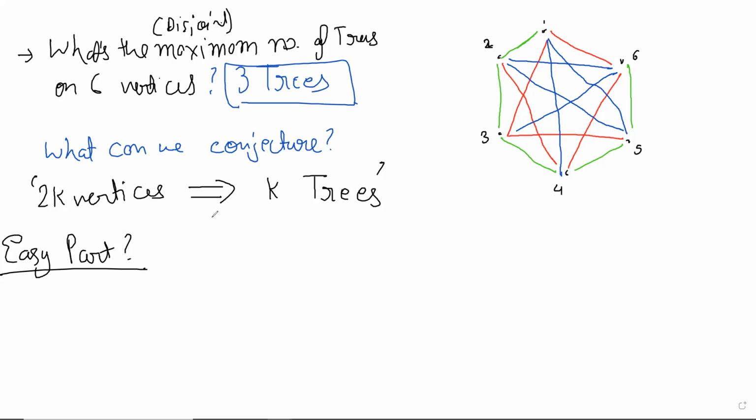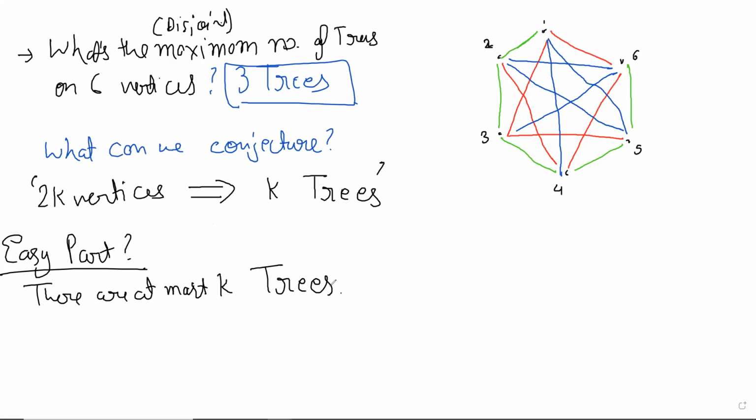So the easy part is that there are at most k trees. Is this so? Can someone explain why this is true?